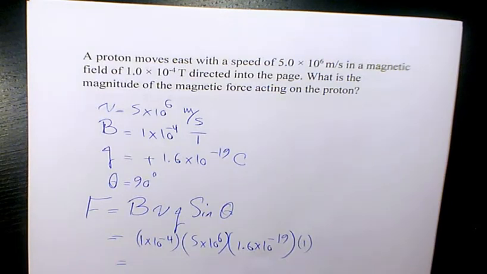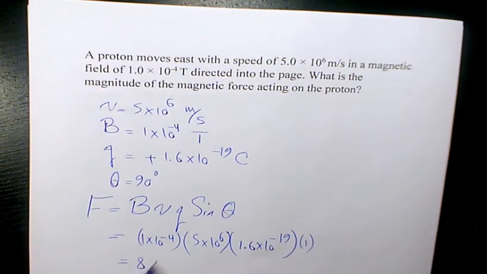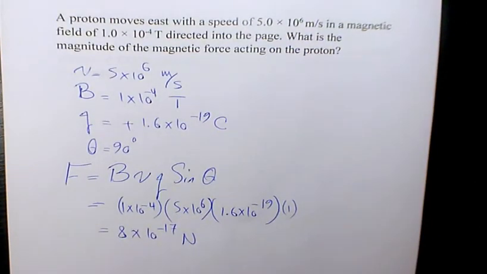When you multiply all of them, that's going to be 8 times 10 to the power of negative 17 Newton. That's the magnitude of the magnetic force.